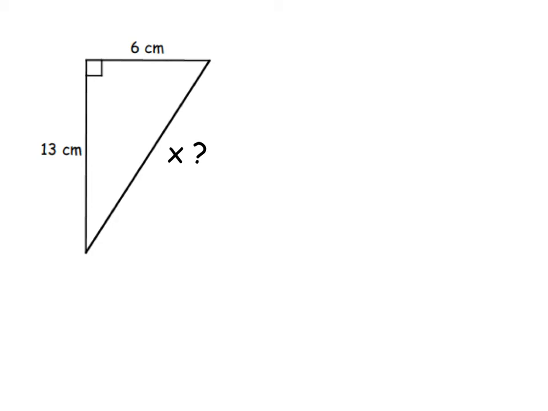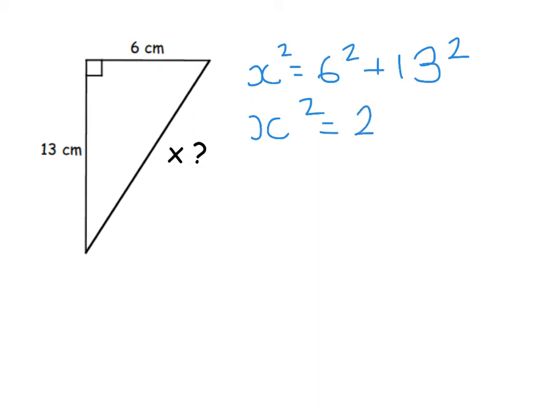Here's another one. So it's got a 6 and a 13 in the triangle. So we're going to do x squared equals 6 squared plus 13 squared. Okay, you're going to go to your calculator and work out what that is. So let your calculator do the working. 6 squared button plus 13 squared button. Press equals, and it gives you 205.